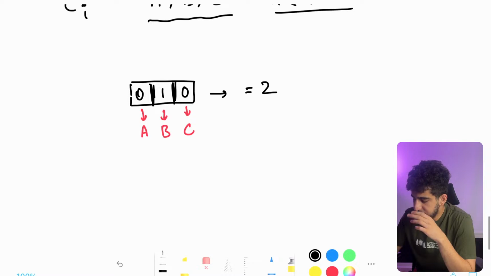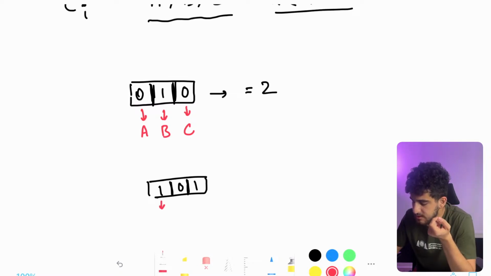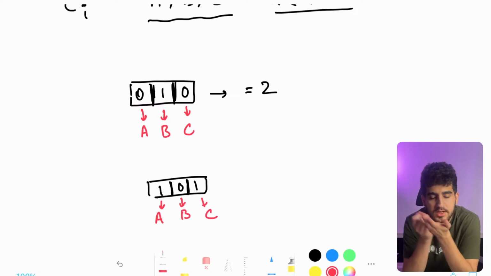Or for example, if some juice has vitamin A and C, what is the numerical equivalent of this number? 1, 0, 1 is a representation in base 2. If I look at it like a number in base 10, what is it equal to?